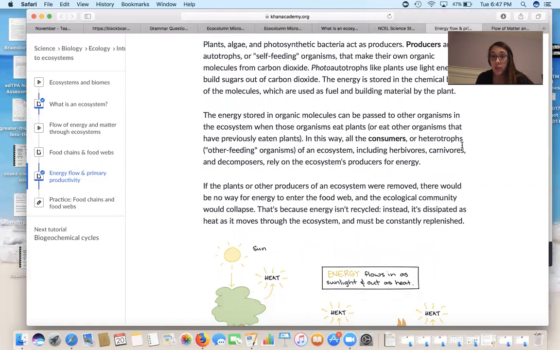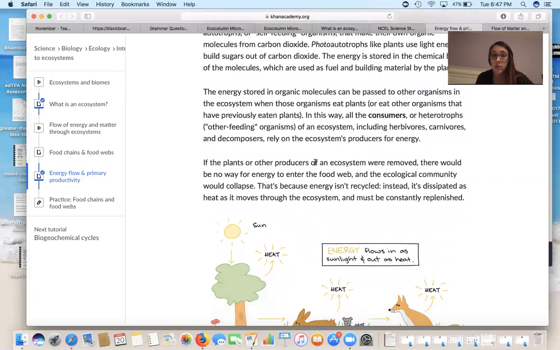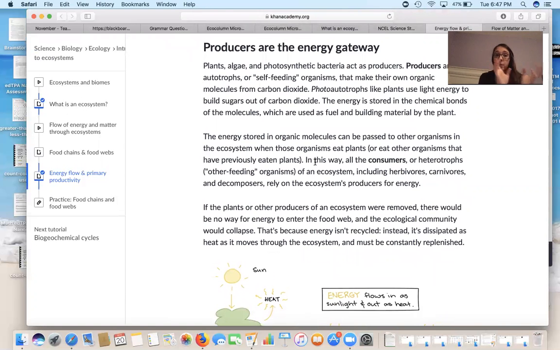These are the consumers, right? All the consumers or heterotrophs of an ecosystem, including herbivores, carnivores, and decomposers, rely on the ecosystem's producers for energy. So the consumers are relying on your producers to get their energy.